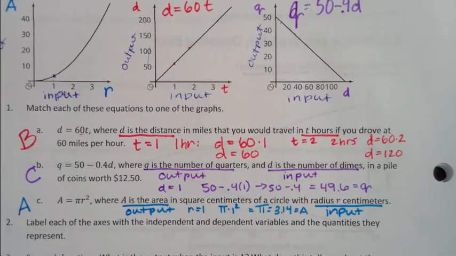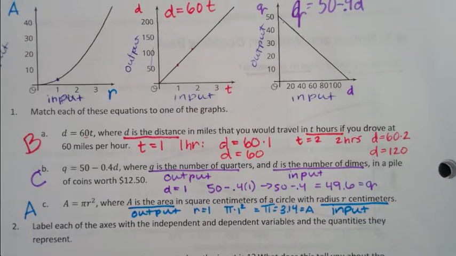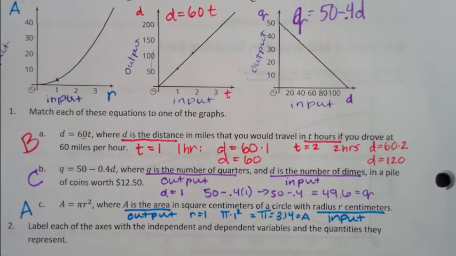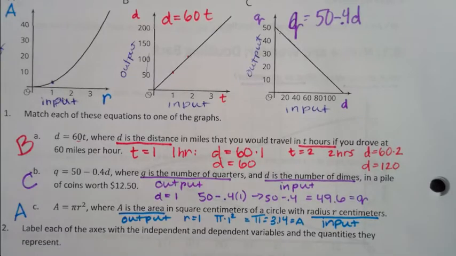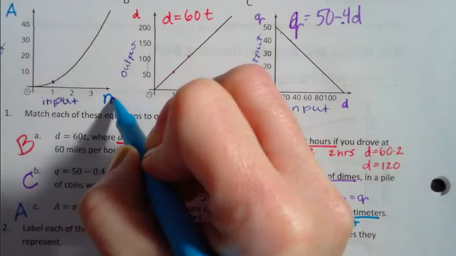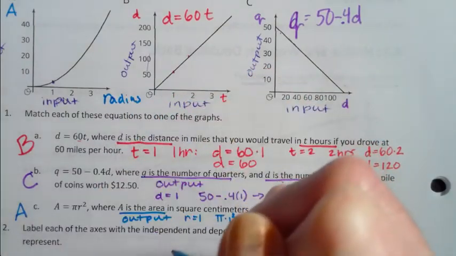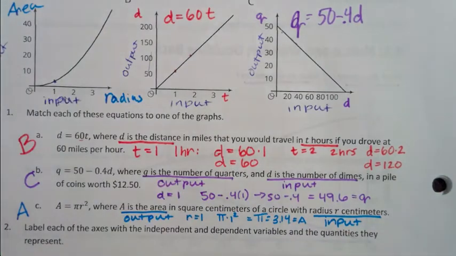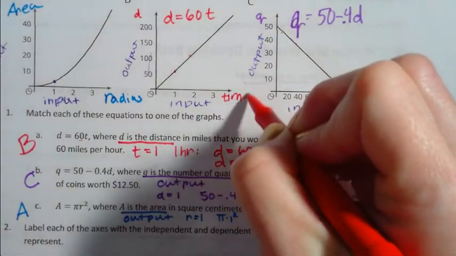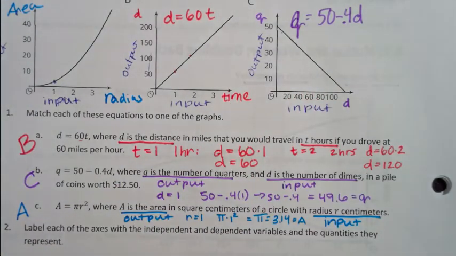Number 2, label each of the axes with the independent and dependent variables and the quantities they represent. So we've already started that. We just need to write a little bit more. So basically what they want us to do is go to the x and y axis and say radius and area. Time says the quantities they represent.